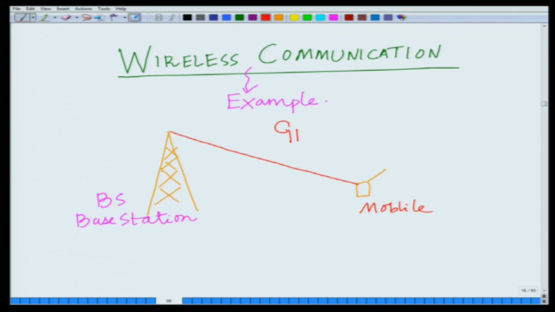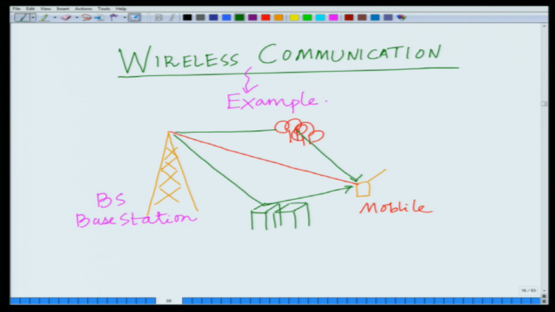However, there are also going to be several non-line of sight paths between the base station and the mobile, which arise from the presence of what are known as scatterers. So, we have a line of sight path and several non-line of sight paths. So, we are looking at a wireless communication environment.